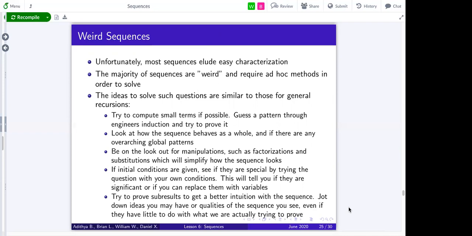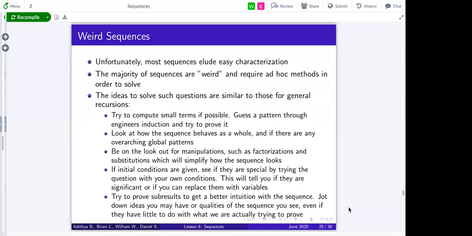However, sometimes the initial conditions can be very special, and you can test this out by replacing the initial conditions with your own conditions. If your own conditions produce something much uglier, that tells you that the initial conditions are significant. And finding the significance can often help you solve the question easily.